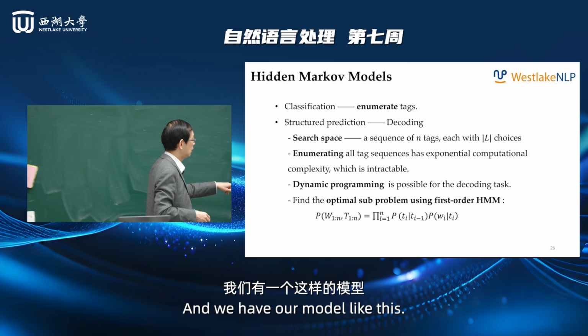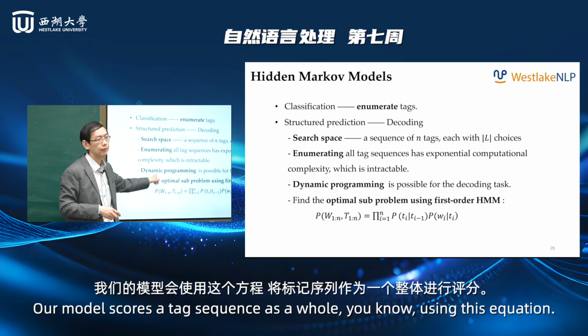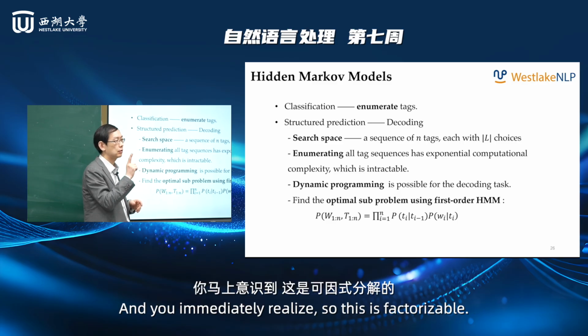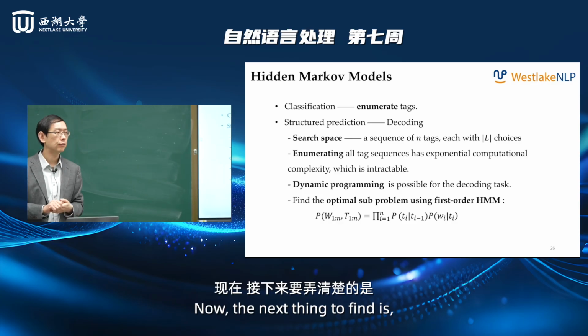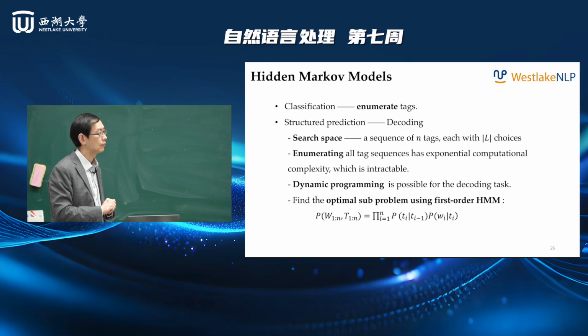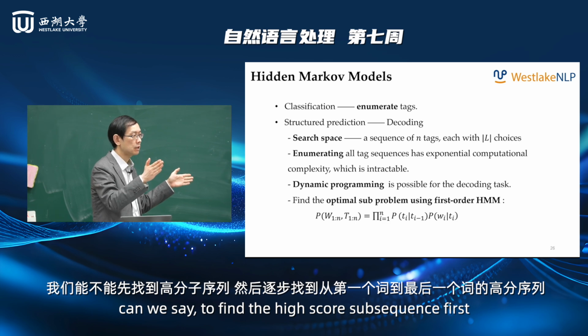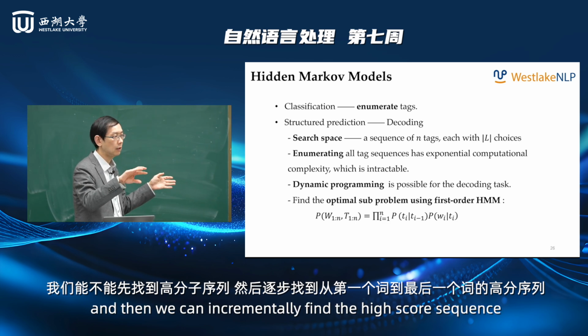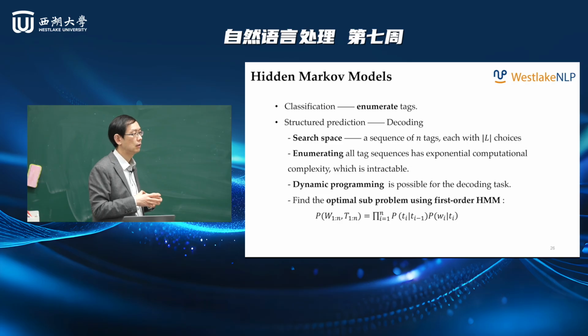Our model scores a tag sequence as a whole using this equation, and you immediately realize this is factorizable, because there's a product from 1 to n. Now the next thing to find is, how do we find optimal subproblems? When we try to find a highest scored tag sequence, can we find the highest scored subsequence first, and then incrementally find the highest scored sequence from the first word to the last word?